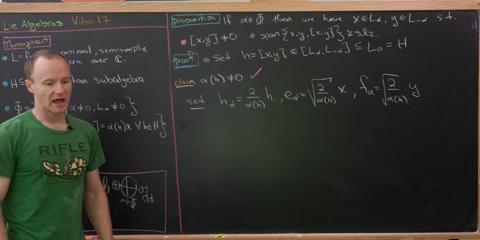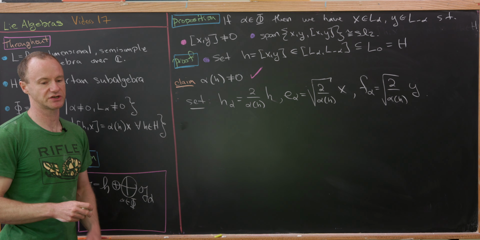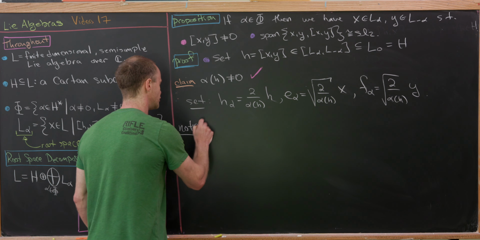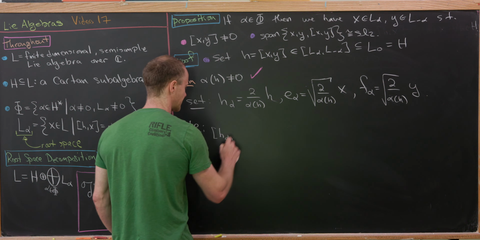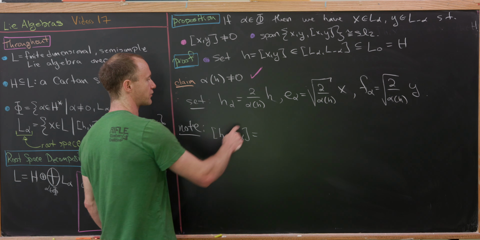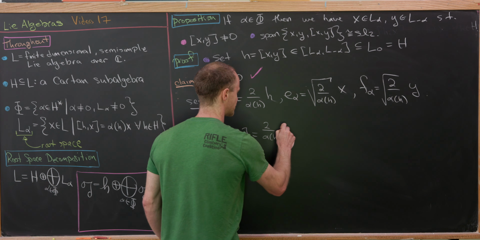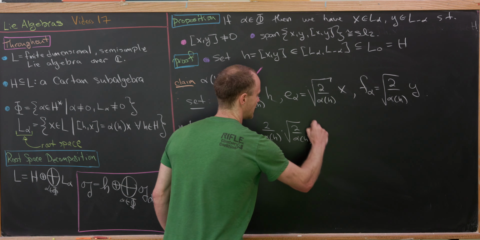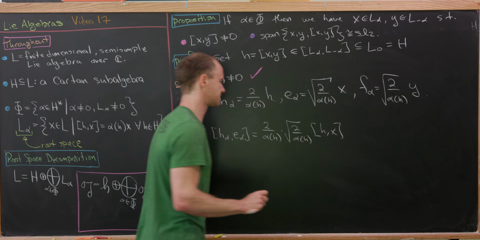And now from here what you can do is check that all of the bracket relations are satisfied. So maybe I'll just do one and the rest will be left as a homework exercise. So let's look at h alpha with E alpha. Observe that we can bring these constants out and we have 2 over alpha of h times the square root of 2 over alpha of h, and then we have the bracket of h with x.